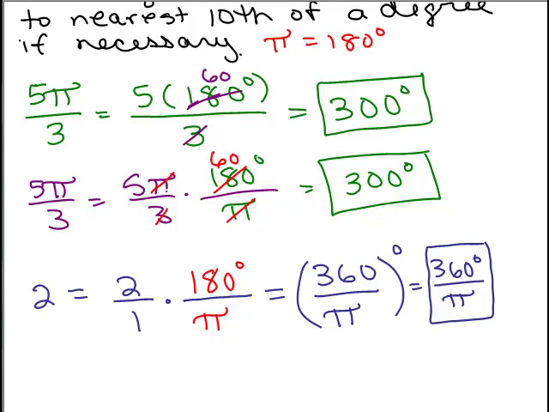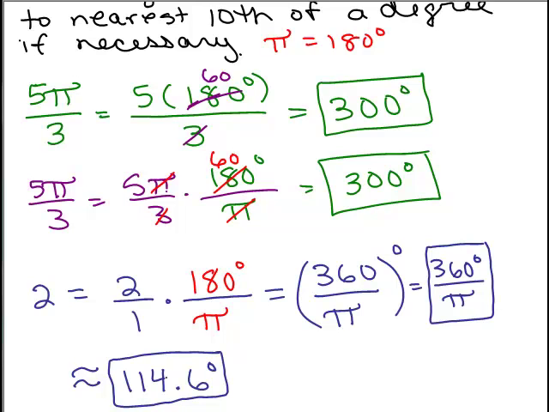Put 360 divided by pi in your calculator. And then we're going to round to the nearest tenth of a degree. In the calculator, this comes out to 114.591559, but if I said to the nearest tenth, we're going to have to round it. And that would be the approximate answer rounded to the nearest tenth of a degree.